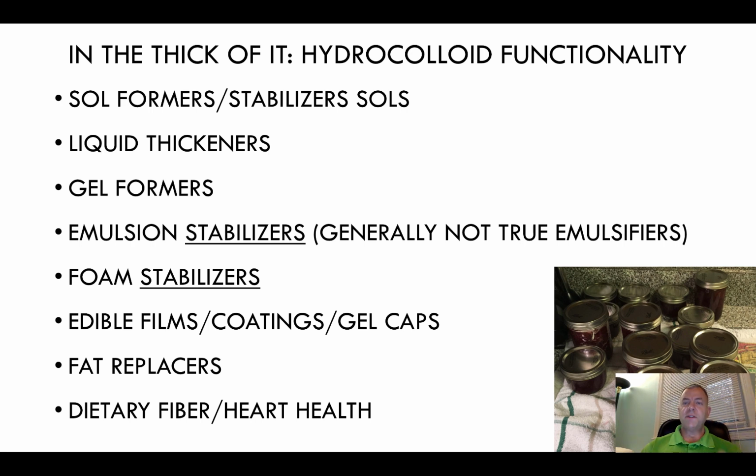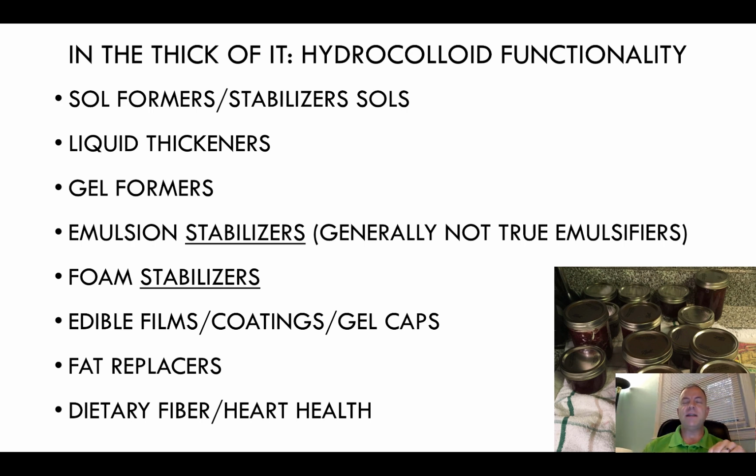So functionality of hydrocolloids, it's pretty diverse. You can form sols, as we discussed, the idea of just stabilizing large molecules in a type of suspension. You can thicken, you can make gels, you can stabilize emulsions. Typically, you're not making them.